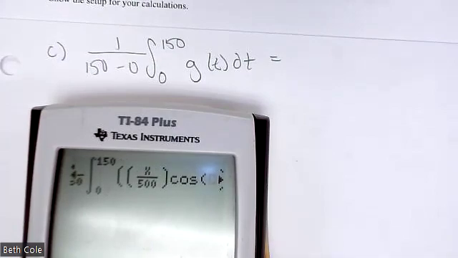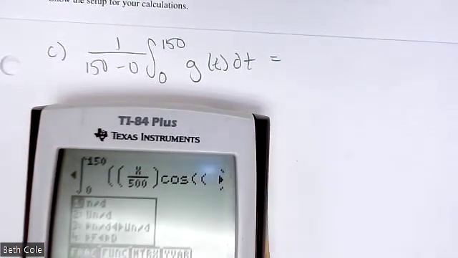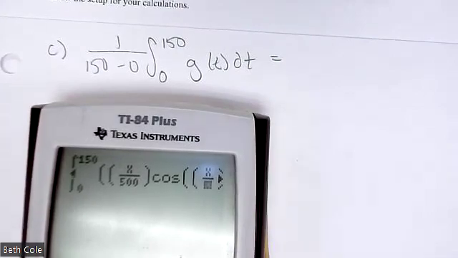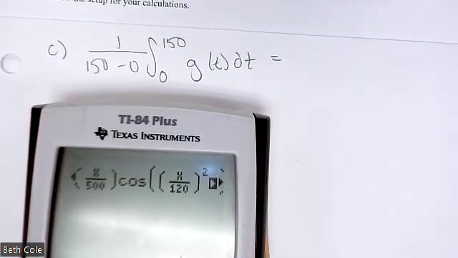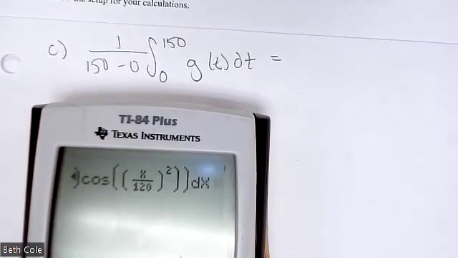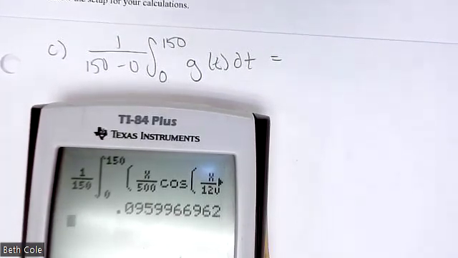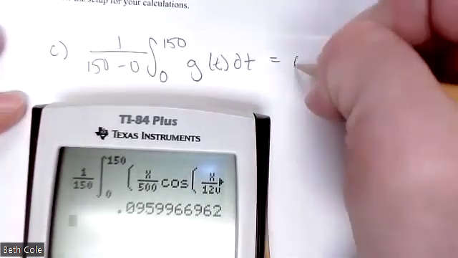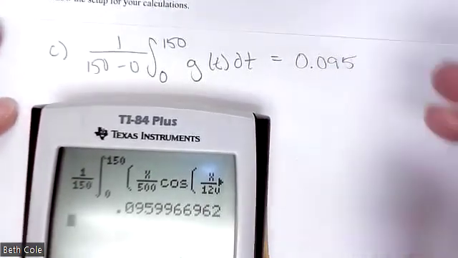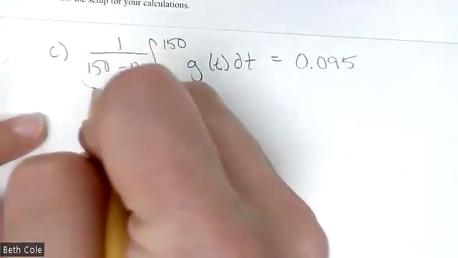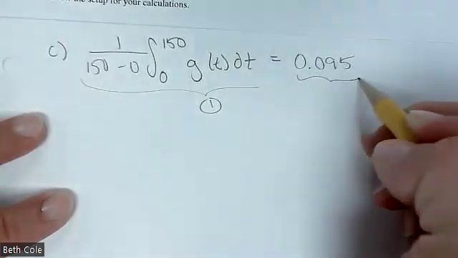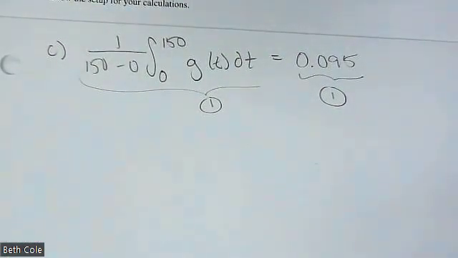It's going to be awful. So 0.095, truncate because it involves not thinking. All right. So it was a point for the setup and a point for typing it in.